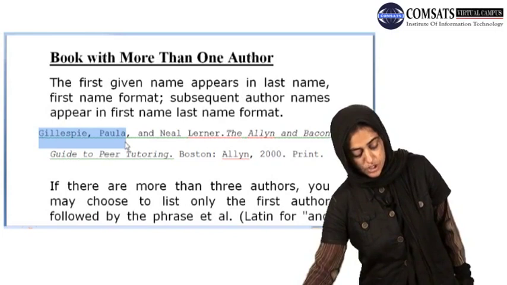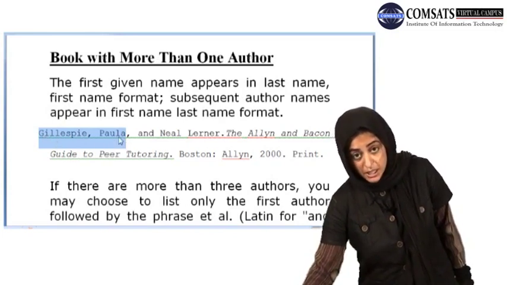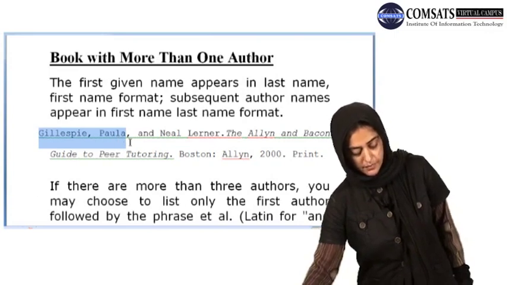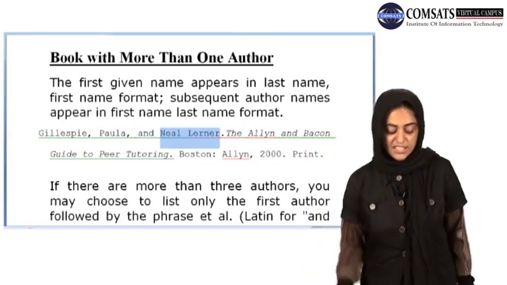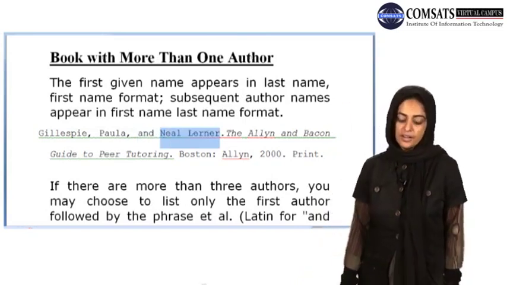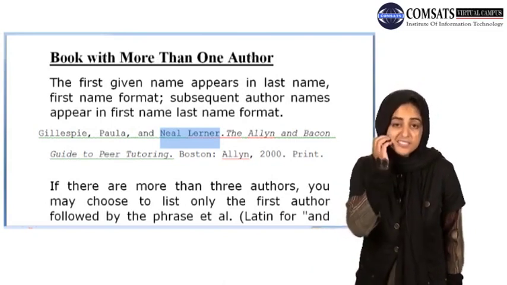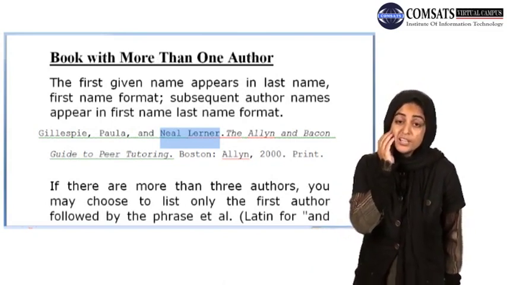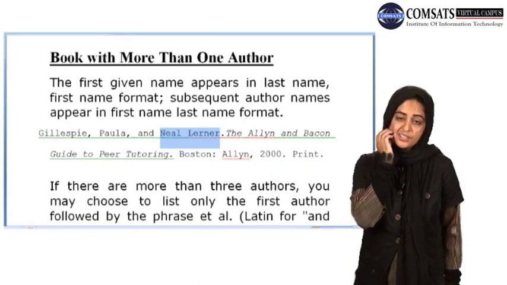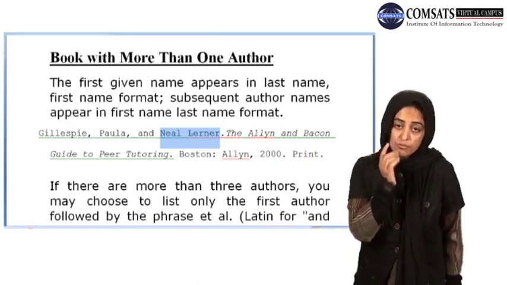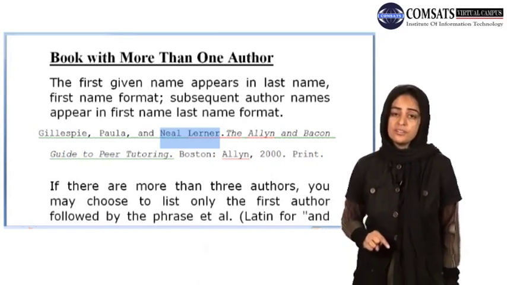Gillespie, Paula. Now Gillespie is the last name, comma, Paula is the first name. Then, dear students, after it you put a comma and then "and" Neil Lerner. Now Neil is the first name of the second author and Lerner is the last name. You did not reverse the order of the names for the second author of the book.